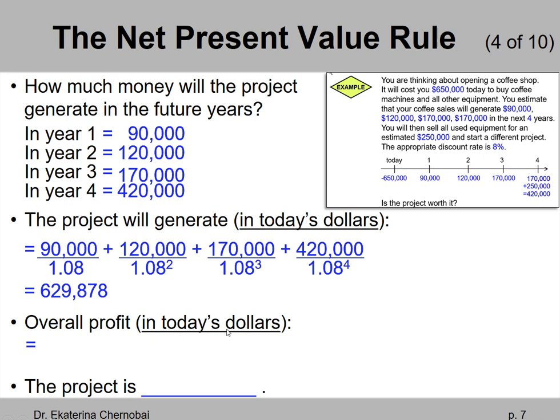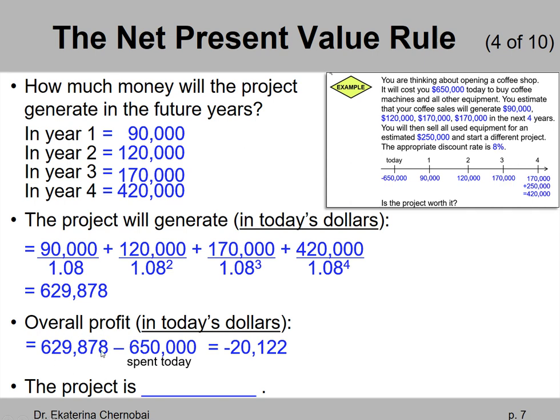So today we would be investing $650,000, right? This was given. And in today's dollars, the project will bring us $629,878, right? From the previous calculation step. So the total present value of future 4 profits is $629,878.